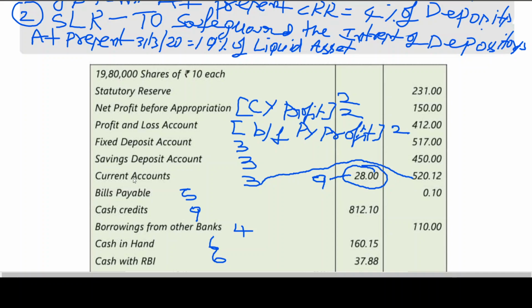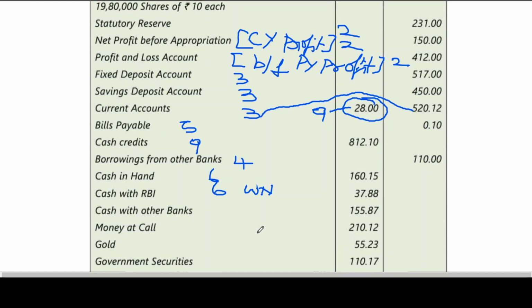But since in this problem we are calculating the liquidity ratio, let me tell you, for RBI we are having some working notes. We will discuss about these working notes. Next, after that, cash with other banks, Schedule 7.